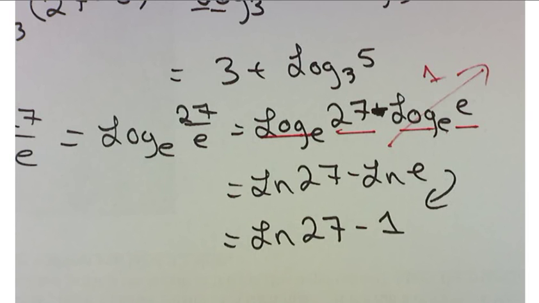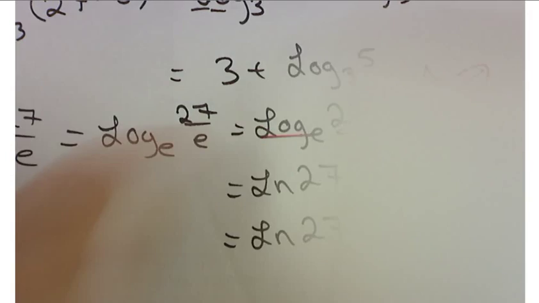Next one. Problem number 50. 50's got a little bit of a twist or a trick on it that we want to pay attention to. So let's see what we got going with number 50.